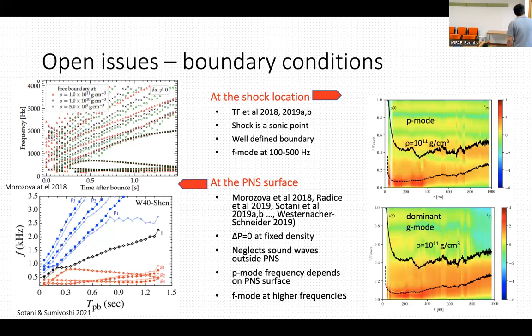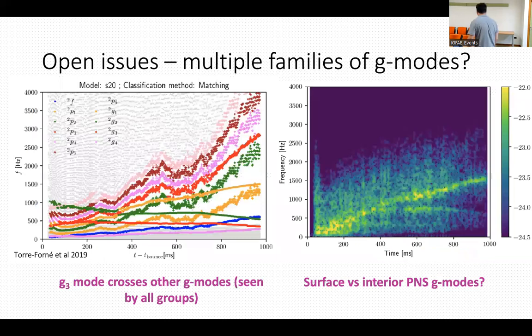So your results will depend on where you put this threshold in density to define the proto-neutron star surface. So here there are two different things. And also, when you do this, essentially you will lose all the modes that belong to the shock region. But it's not essentially bad, because I will show you later. Okay, this is what I was saying.